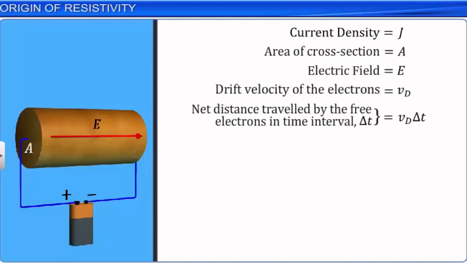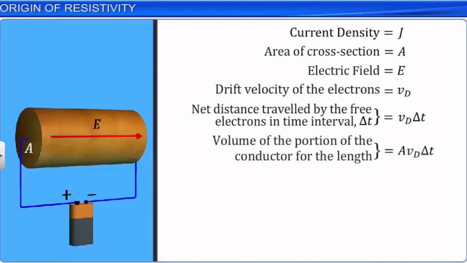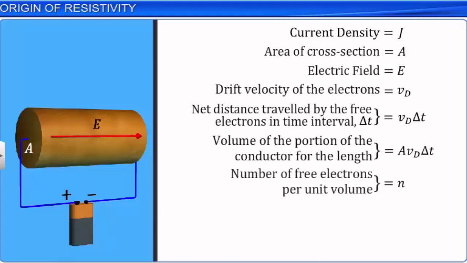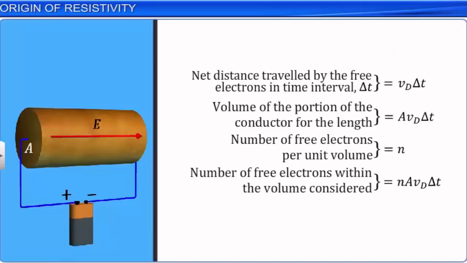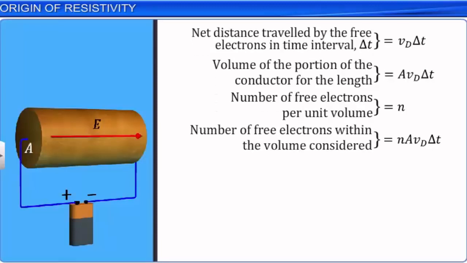The volume of the portion of the conductor through which the free electrons travel during time delta t is equal to A Vd delta t. Let n be the number of free electrons per unit volume of the conductor. Then the number of free electrons within the volume considered is equal to n A Vd delta t. All these free electrons cross the area in time delta t.